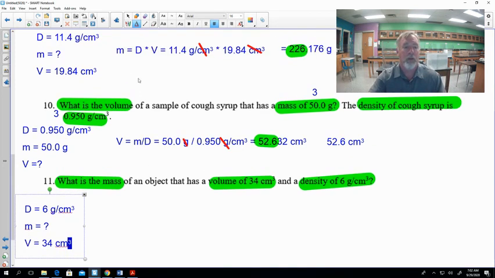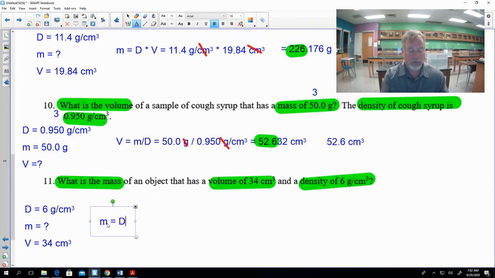So we just did a mass problem right above here, right? We see mass is equal to density times volume. Let's plug our values in: 6 grams per cubic centimeter multiplied by 34 cubic centimeters.